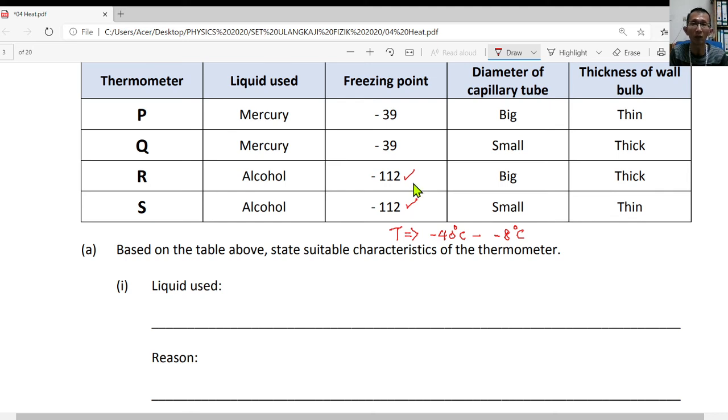It goes beyond negative 40 degrees Celsius. So the liquid used here would be alcohol. The reason would be low freezing point.